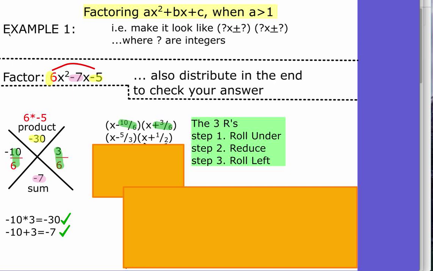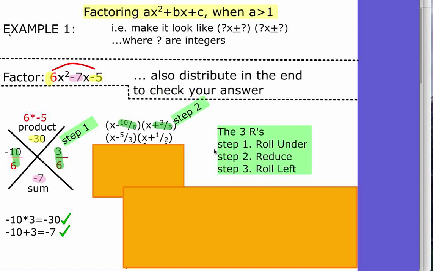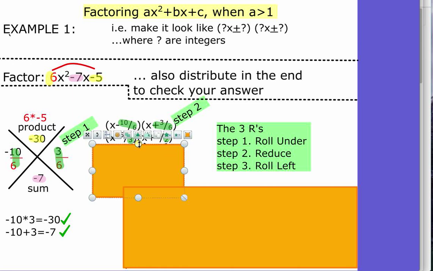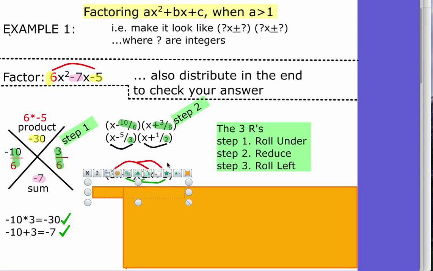Again, here was step 1, here was step 2. Now we're approaching the last step of the 3 R's. The last step is rolling left. We are going to take these numbers, 3 and 2, and roll them to the left. Watch what happens as I go right here.